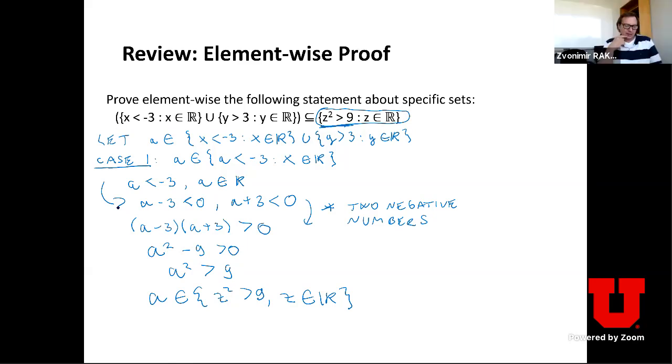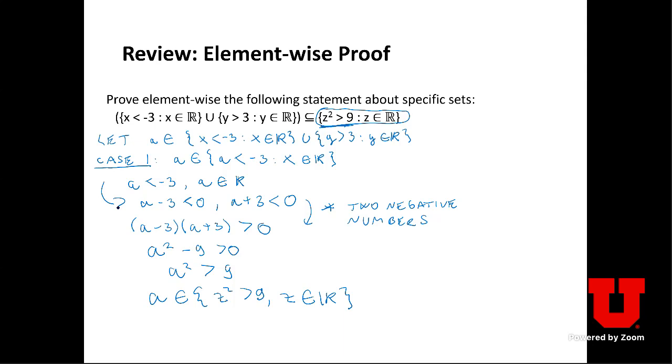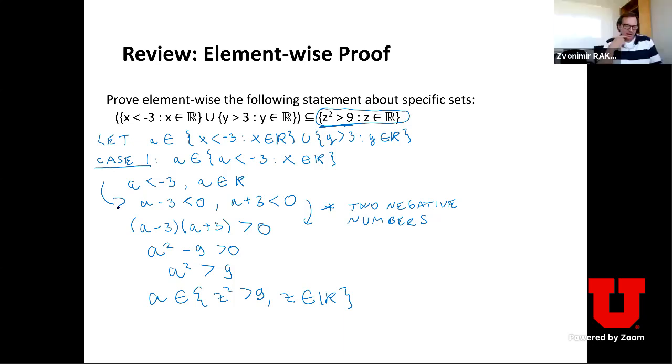Yeah, actually it doesn't. Squaring both sides is not going to work, and I can easily find a counterexample. If you have -5 is less than -3, and now you square both sides, you would get 25 is less than 9.